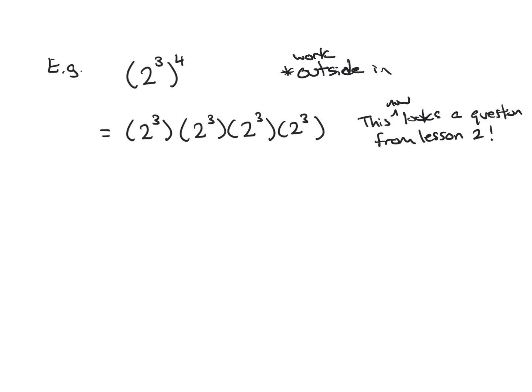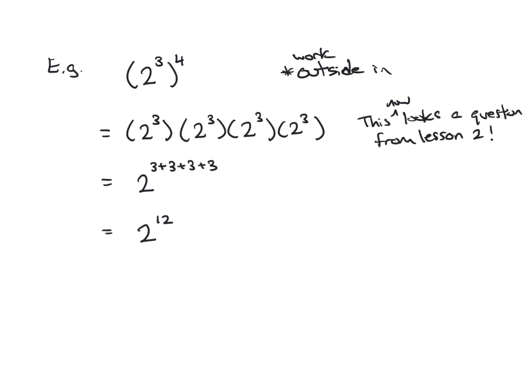So we can apply the law of exponents that deals with the product of powers with the same base. So to simplify this, that will equal 2 to the exponent of all of these exponents added together: 3 plus 3 plus 3 plus 3. And that equals 2 to the exponent of 12. Okay, 3 plus 3 plus 3 plus 3 equals 12. So that is a simplified version of that.